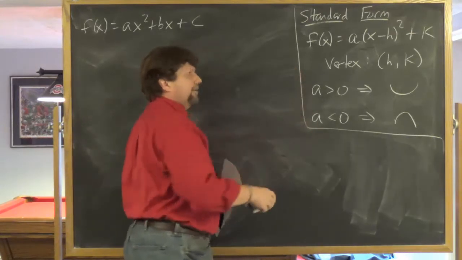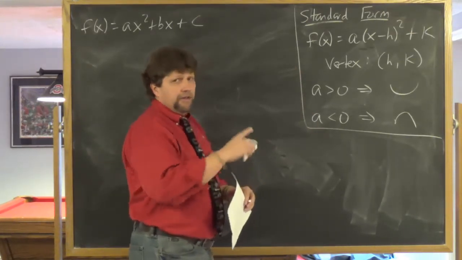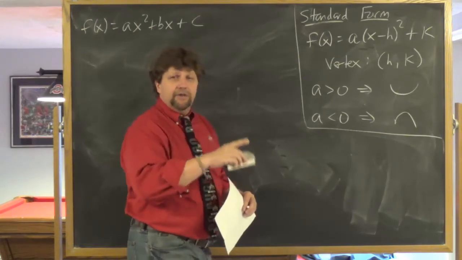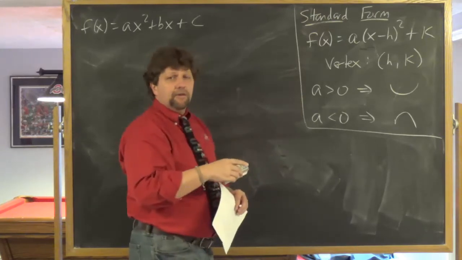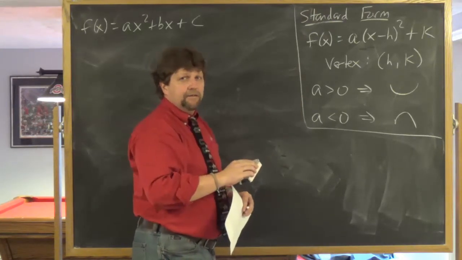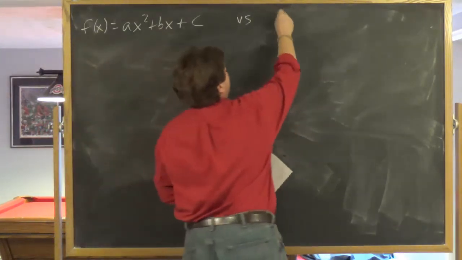So hopefully you have this under control. You have it either written down. If you don't, you need to make some notes. I would suggest you do that right now. Pause the video and take some notes on this. Write it down because I'm going to erase it. So it's this form versus the standard form.